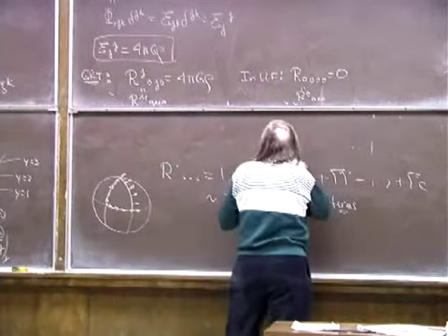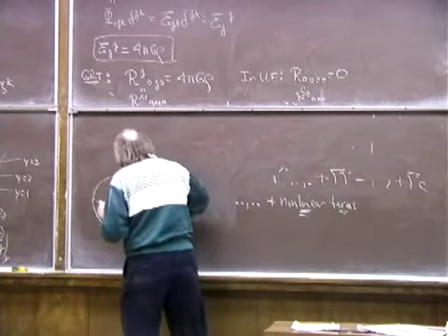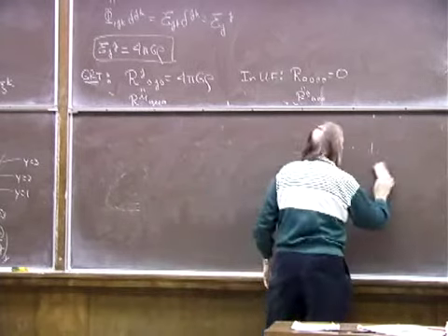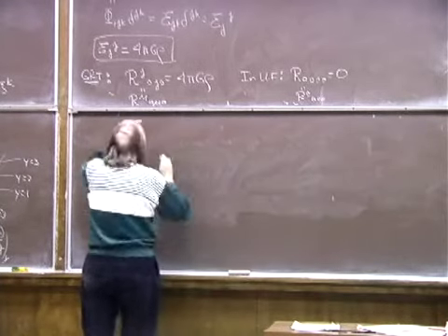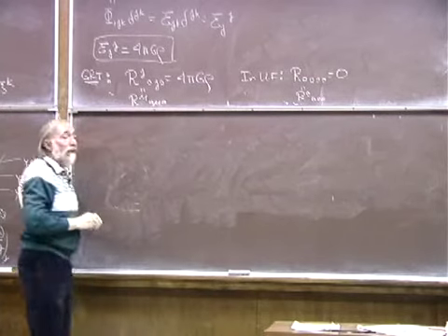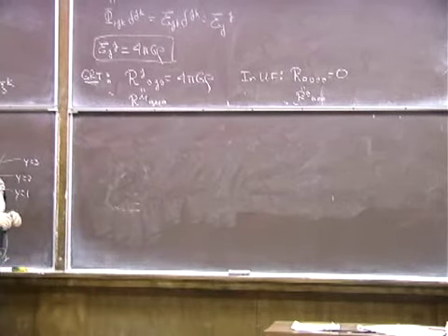But we have the additional problem here that we have no indices on the right and we have two 0 indices on the left.